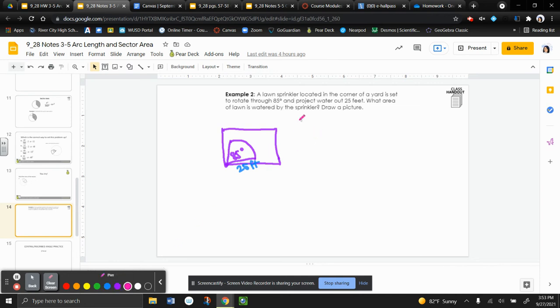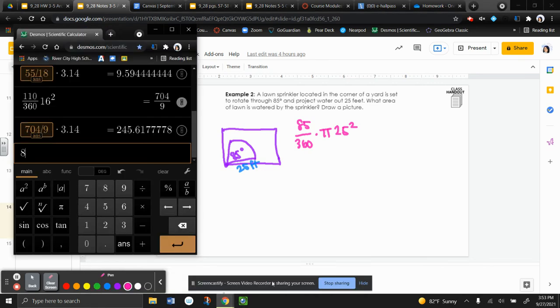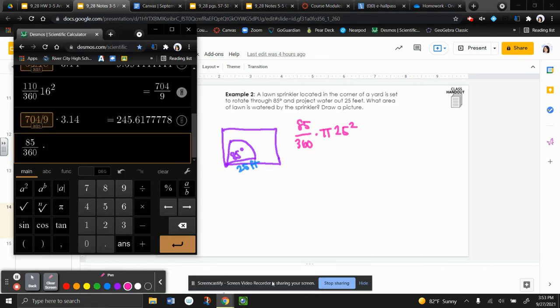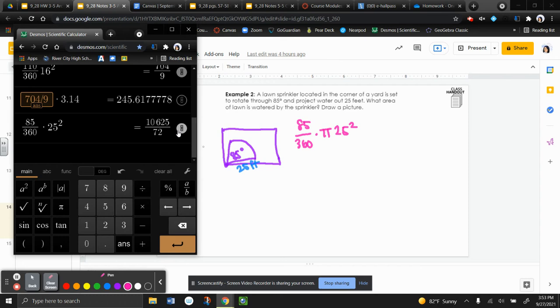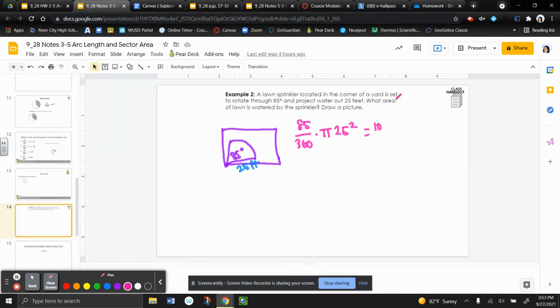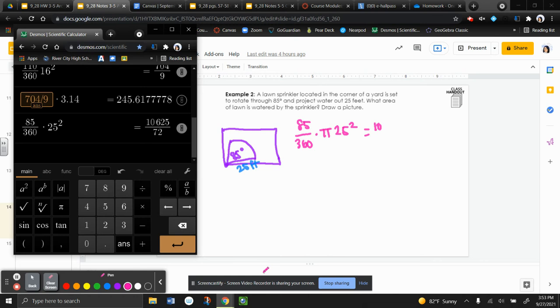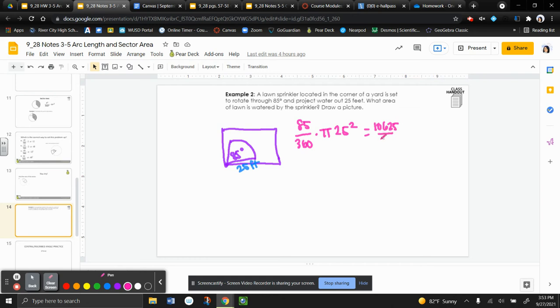Well, to do that, we have our fraction of our circle. And then since we're finding area, we do pi times radius squared. So 85 over 360 times 25 squared. Get, as a fraction, 10625 over 72 pi, and our units in this case are going to be feet squared. There's our answer in terms of pi.